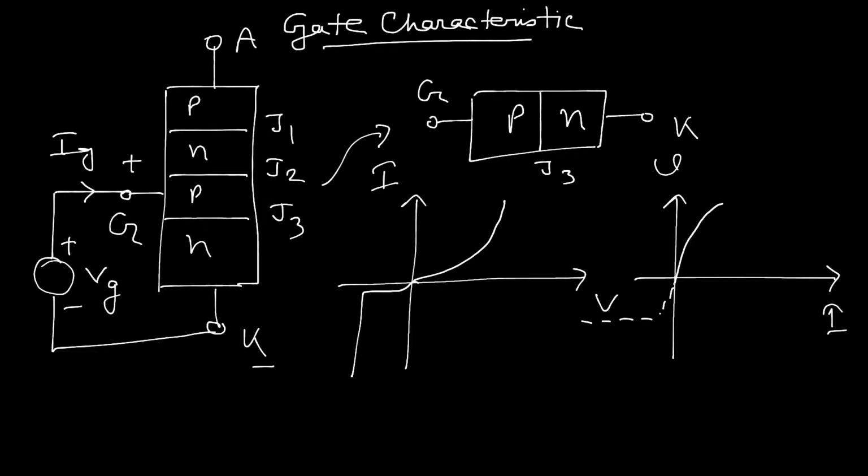Rather, they vary over a wide range and depend upon the gate characteristics of the SCR. In an SCR, the gate is connected to the cathode through a PN junction, which resembles a diode. Therefore, the VI characteristics of a gate is similar to a diode.